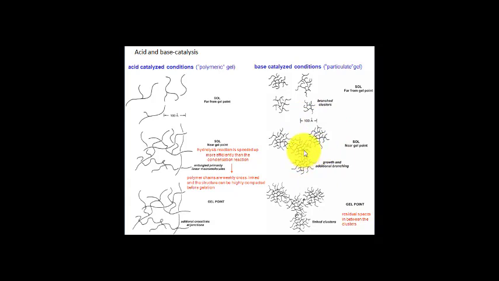We go near to the gel point and finally the linked clusters are formed at the gel point. So residual spaces in between the clusters are present at the gel point. These are two types of catalyzed condensations: acid catalyzed condensation and base catalyzed condensation.